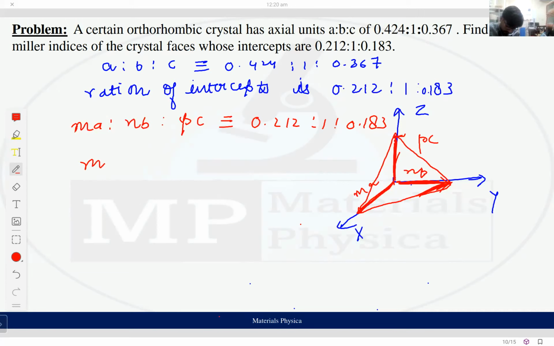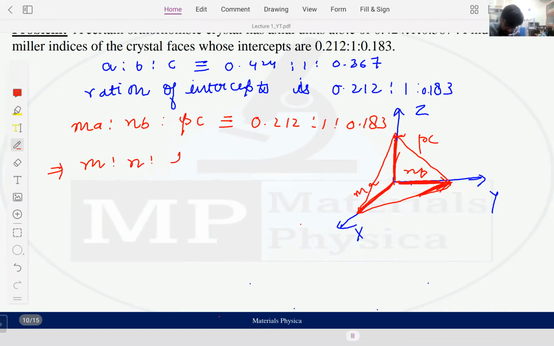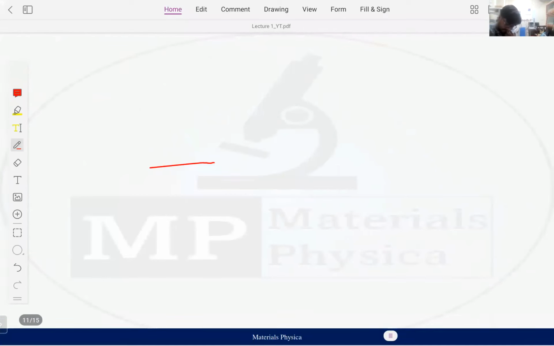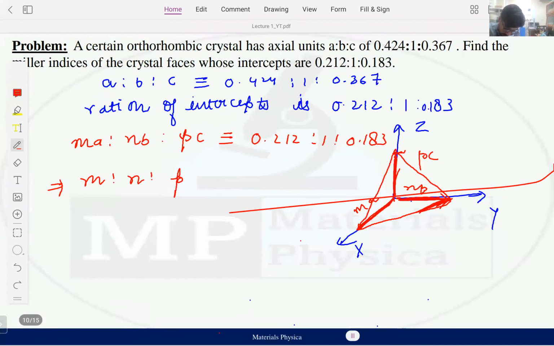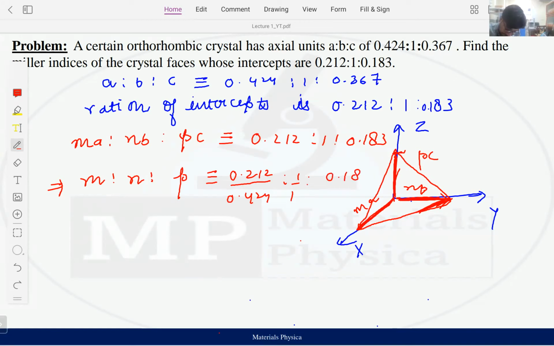So M to N to P is equal to 0.212 over 0.424, 1 over 1, and 0.183 over 0.367, or when we simplify we get 1/2 to 1 to 1/2.